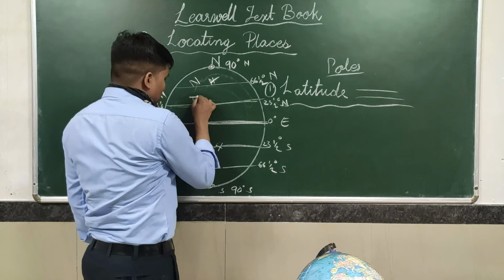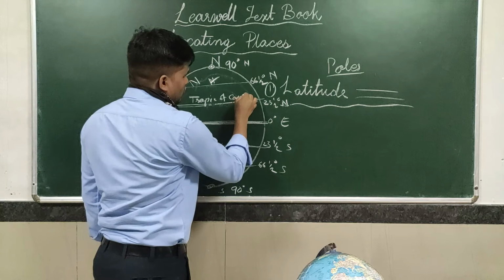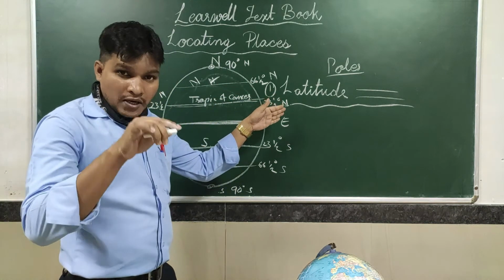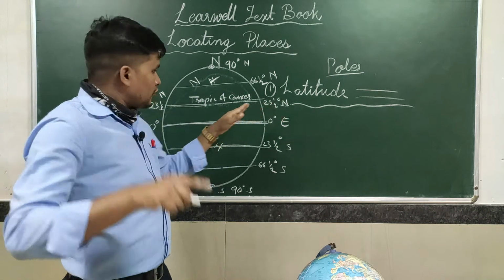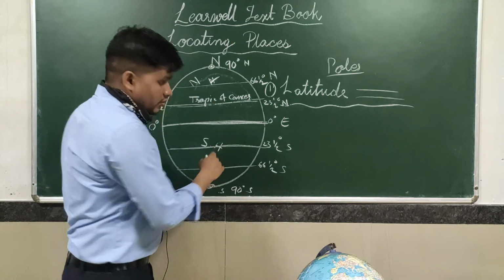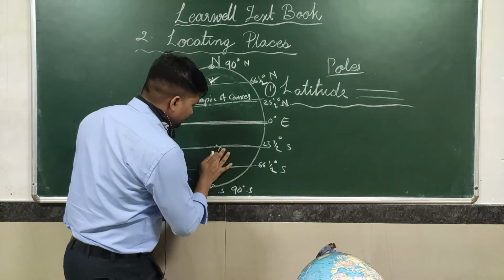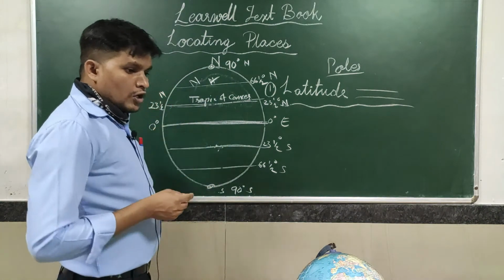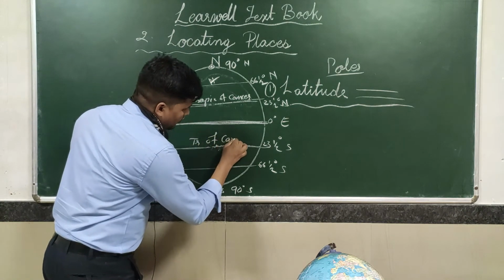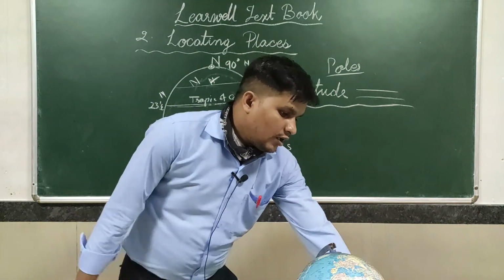The 23½ degree north latitude is also known as the Tropic of Cancer. Then below, the 23½ degree south latitude, what do you call it? The Tropic of Capricorn. Keep in mind properly.